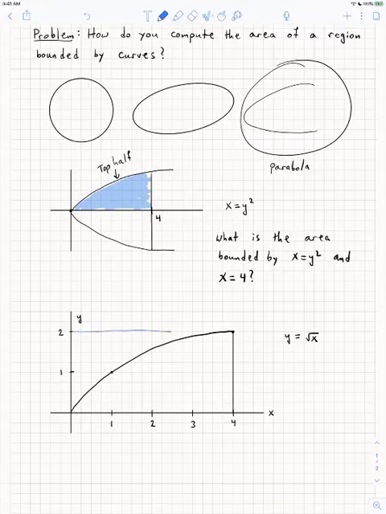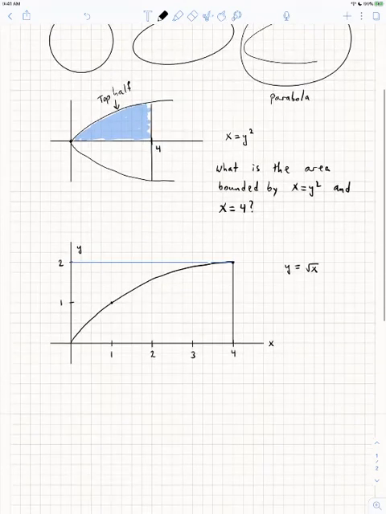If I draw a rectangle with top at y equals 2, then I have a much larger rectangle which completely contains the entire area underneath the graph of the square root function. That, of course, is too big, but we can certainly compute it.